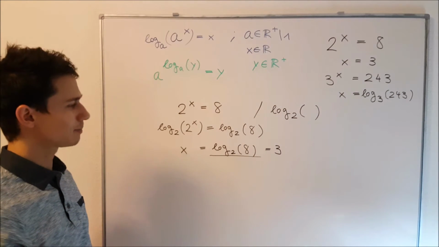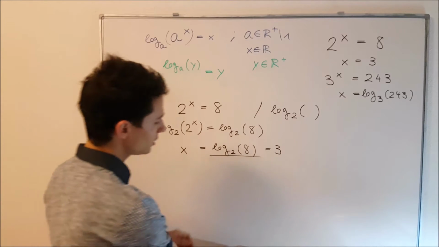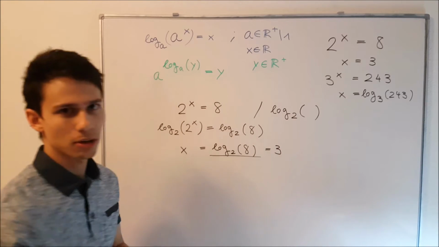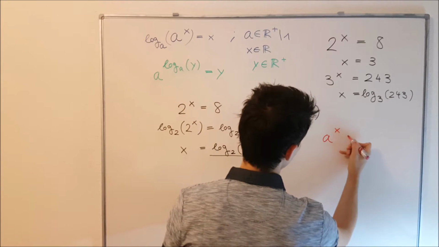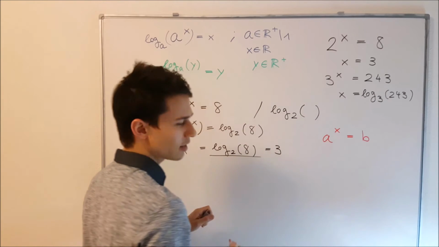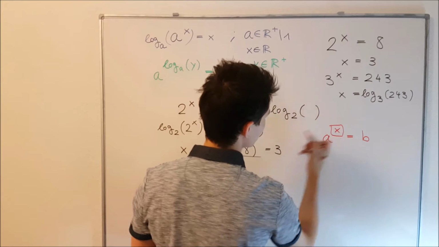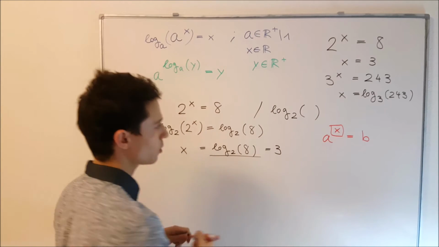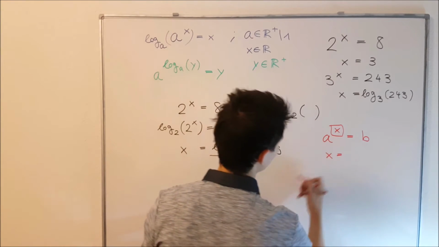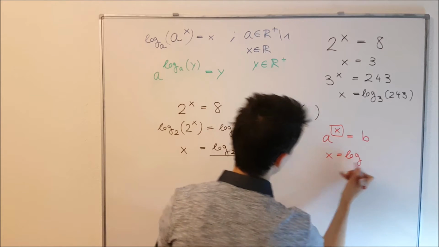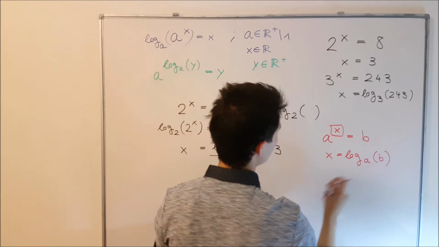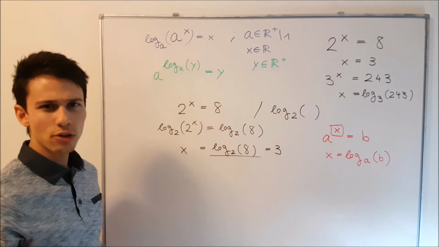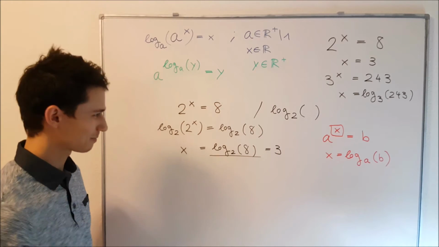Pretty handy, right? So in general, if you have a problem as a to the power x equals the value b, and you want to solve for x, then the solution is always x equals the log to the base a of b. And this will lead you to the value that you're looking for, x.